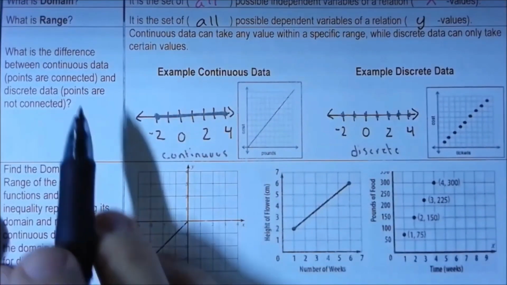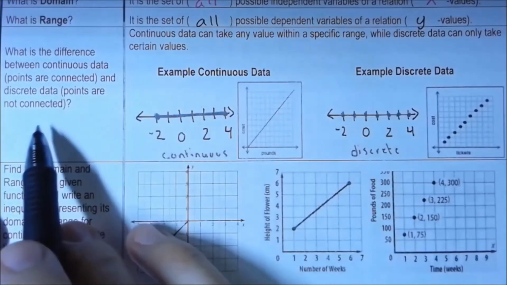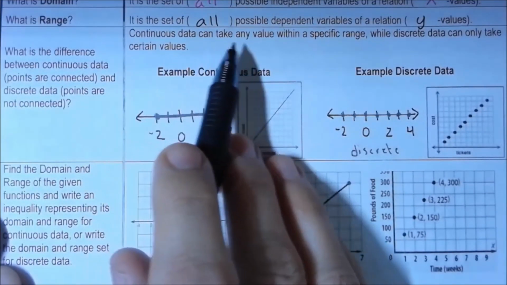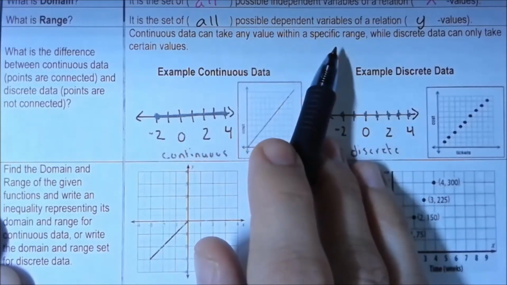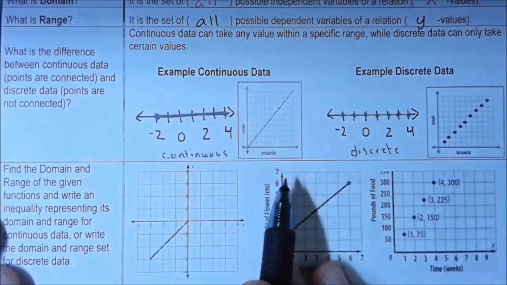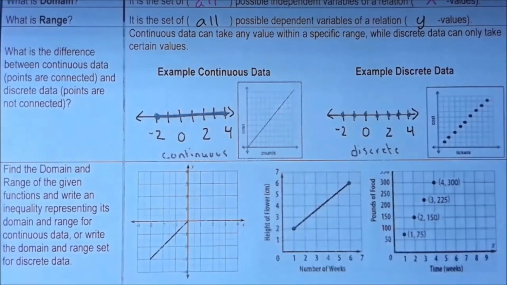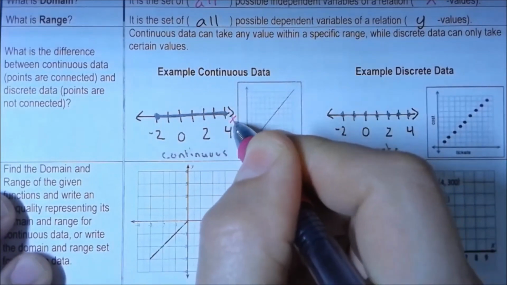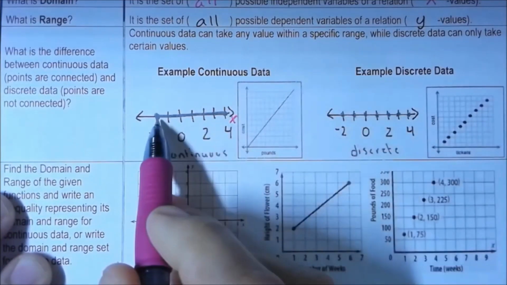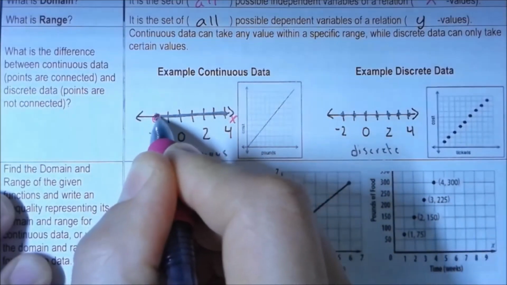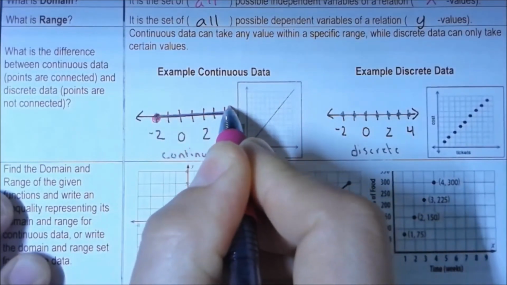So let's see. Here it says, what is the difference between continuous data and discrete data? Continuous data can take any value within a specific range, while discrete data can only take certain values. Let me give you an example. Let's say this is my x-axis, and this is my domain. Notice it has a closed dot, and then it goes all the way over.